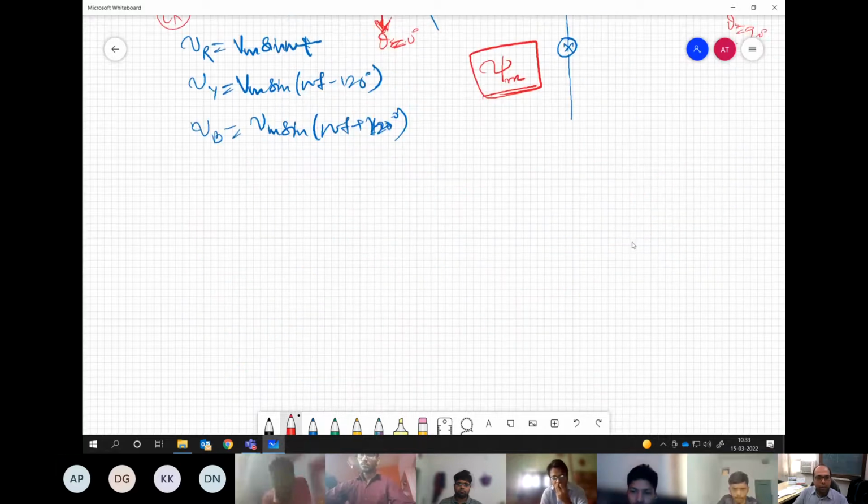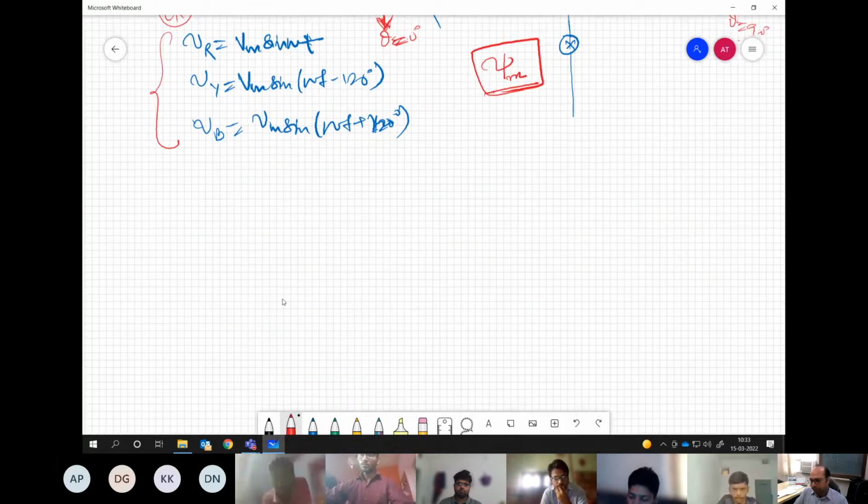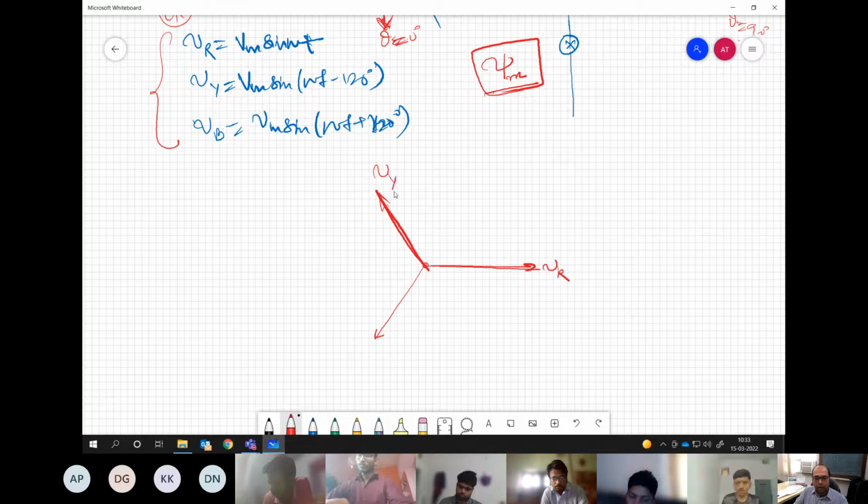a system of voltages, let's say what is written over here. Now, if we represent this in space in this manner, like how we have done for the flux, VR, Vy, Vb. The point to be noted here is that these axes are fixed, which means this is not rotating like a phasor.